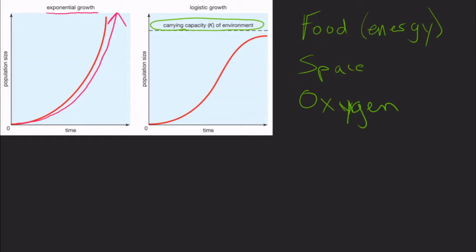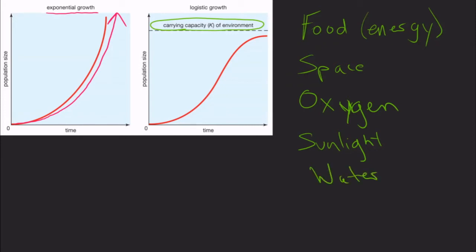Now you may be thinking, wait a minute, photosynthetic organisms produce oxygen as a byproduct. They do, but they also have to use oxygen to break down glucose through cellular respiration. So you actually end up with a very large oxygen deficit in those waters. So oxygen is a major limiting factor. Sunlight could be a limiting factor.